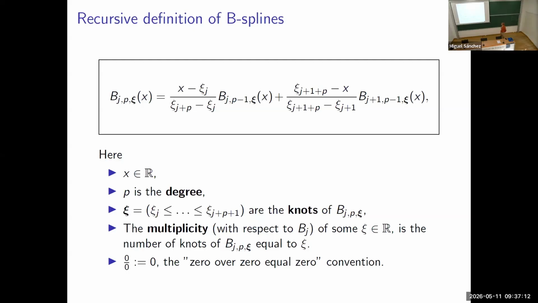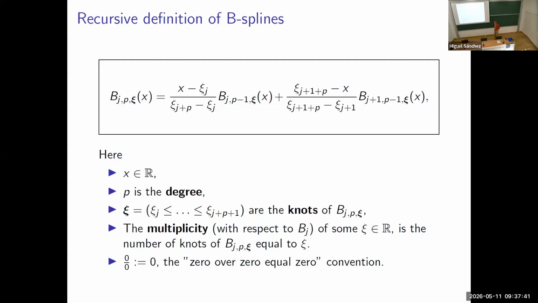They divide by what's called the support of the B-spline in the denominator. This definition is for all real x. The knots Cj to Cj plus p plus 1 are non-decreasing, and many of them can be equal.